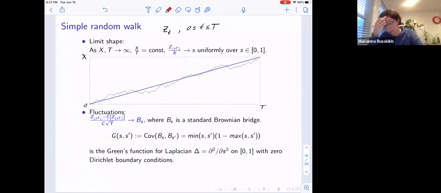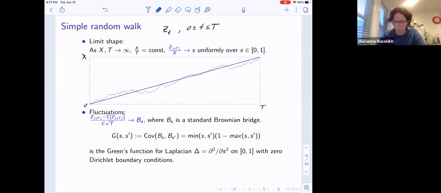If not, then let me start with a toy model, which is nice to have in mind. One can think about this as a one-dimensional version of the height function. So let us consider a simple random walk started at 0 and conditioned to end at x.